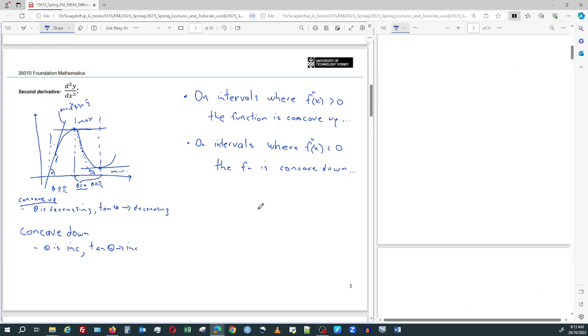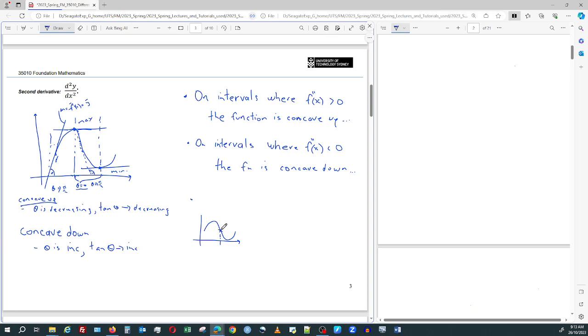Now, what happens if we get to a point where we have a little turn? So there's our concave down, there's our concave up, and we can clearly see there's a transition point at this x value where there's a change in concavity from down to up.